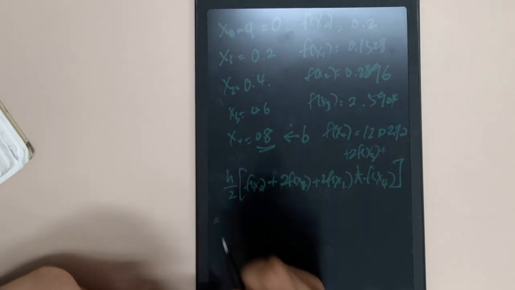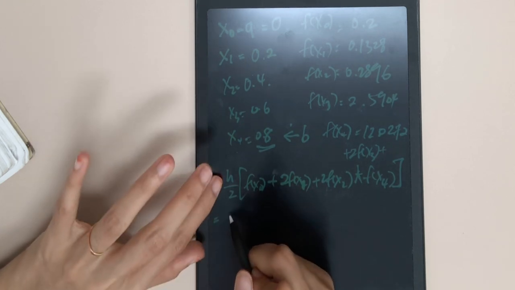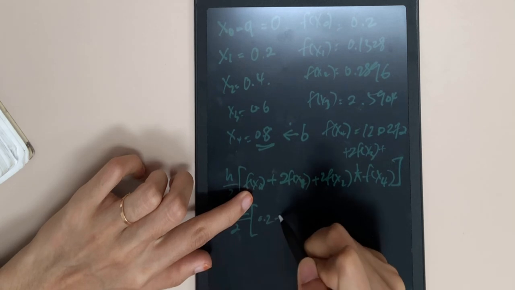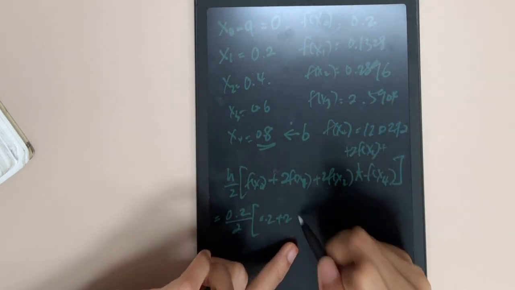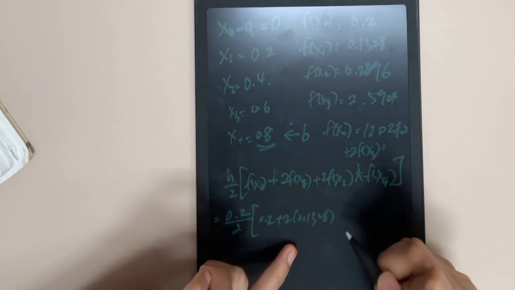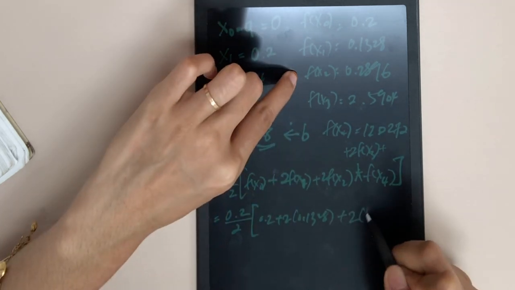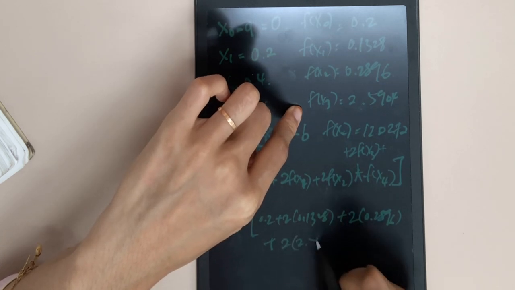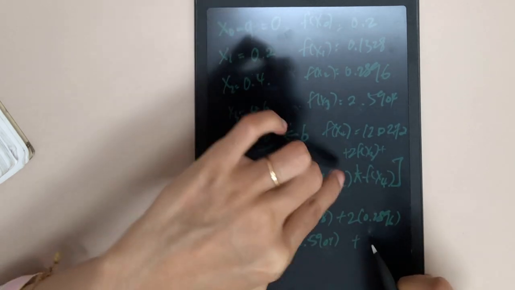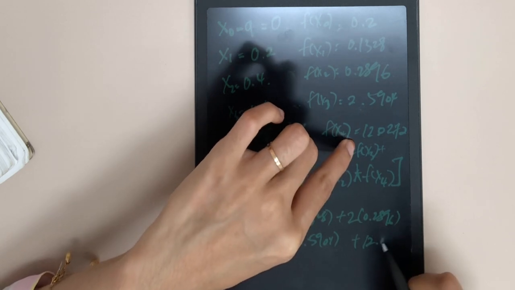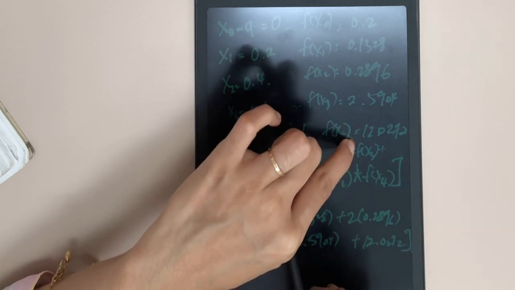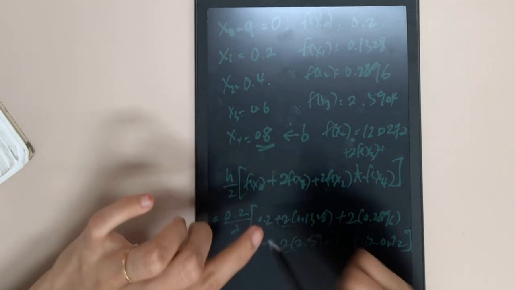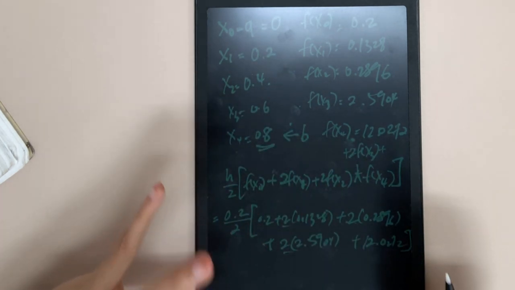So you just substitute the values that you have. h is 0.2. f(x0) is 0.2, plus 2 times f(x1) 0.1328, plus 2 times f(x2) 0.2896, plus 2 times 2.5904, and plus 12.0272. Make sure only the ones in between are multiplied by 2. The first and the last point stay original.